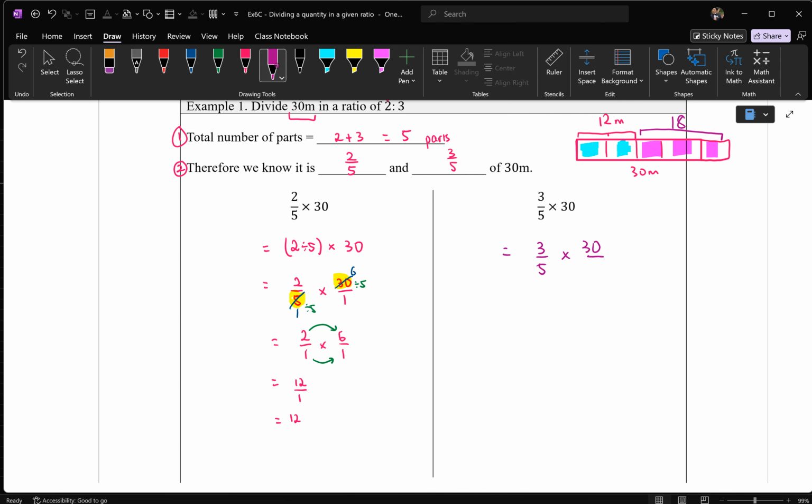You can use a calculator, but hopefully you realize that, again, 5 and 30 can simplify to 1 and 6 there. And so that becomes 3 times 6, which is 18, and it's 18 on 1, and you can see it's 18 meters.